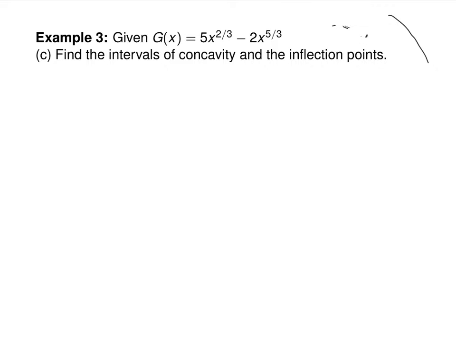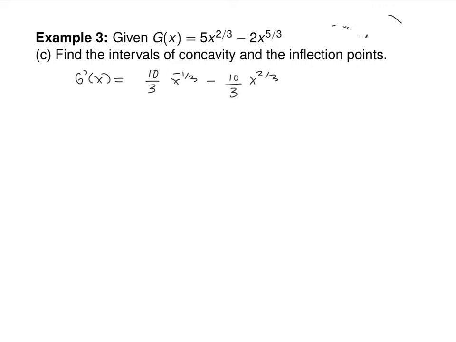Okay, intervals of concavity. So our derivative g prime of x was equal to, what was it before I got a common denominator? Right, and one of them was negative 1/3.